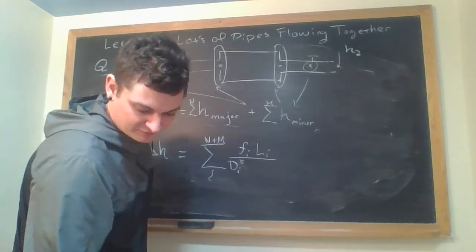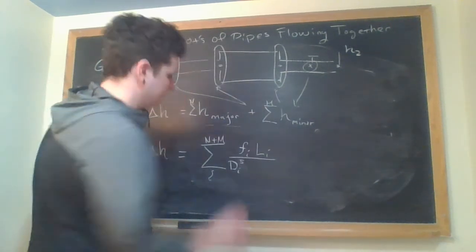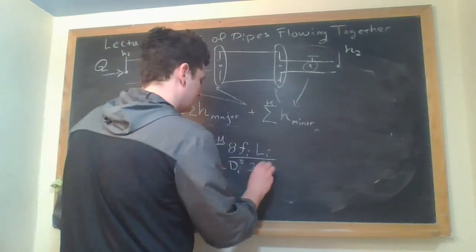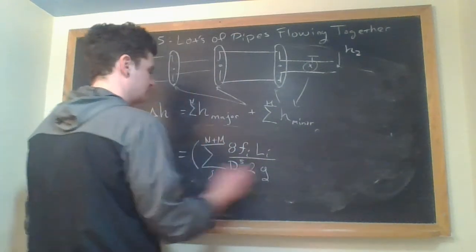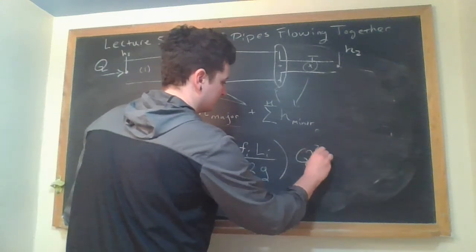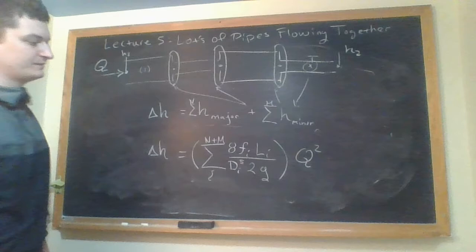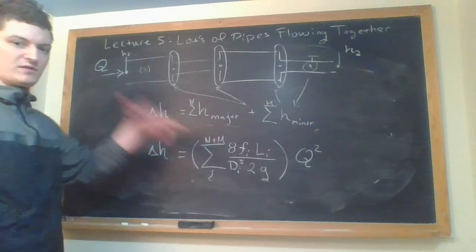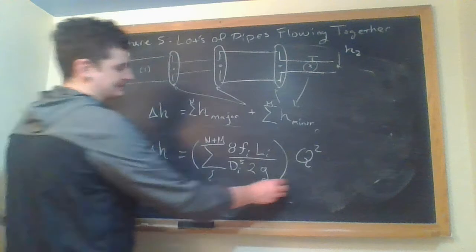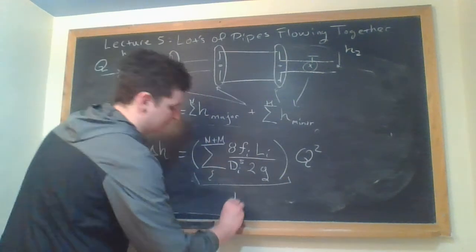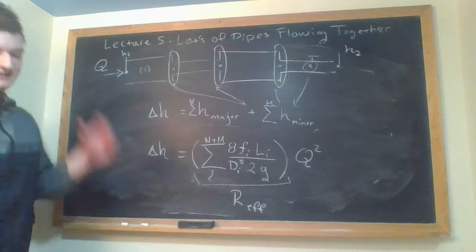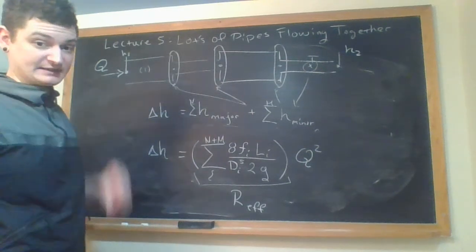This turns into a Q squared term. When you replace the velocities with flow rate, you get these expressions right here, and you can see how this is an effective resistance for pipes flowing in series.